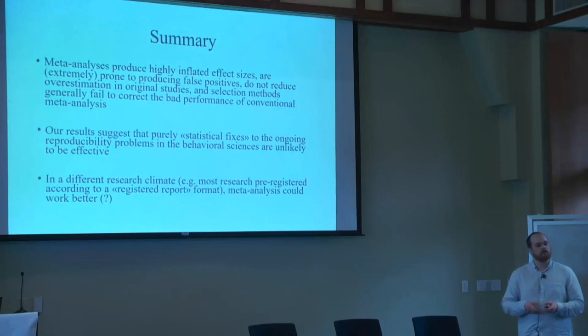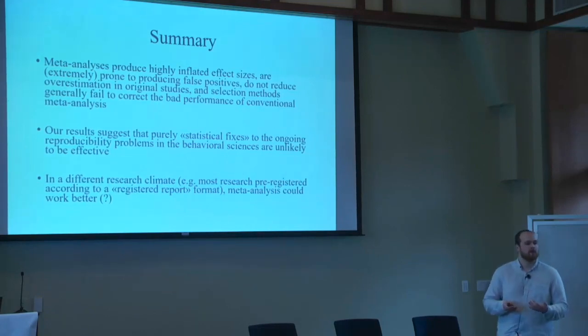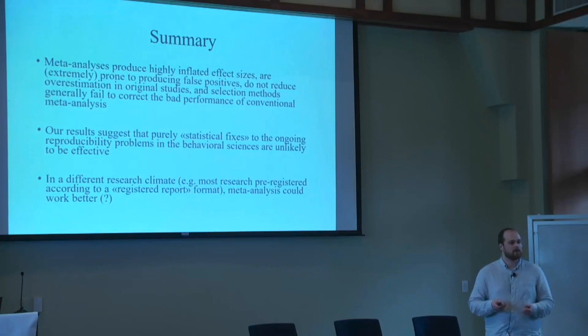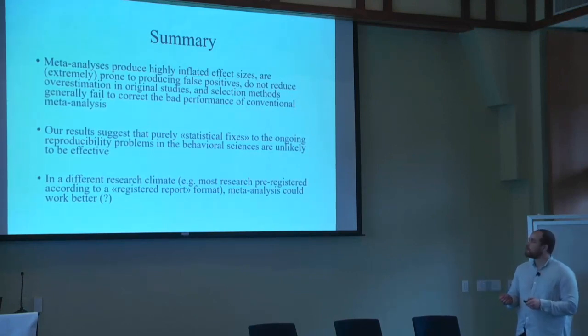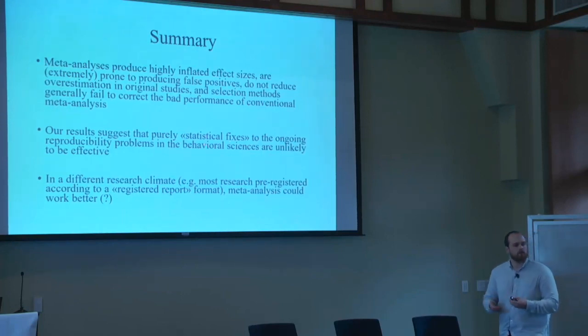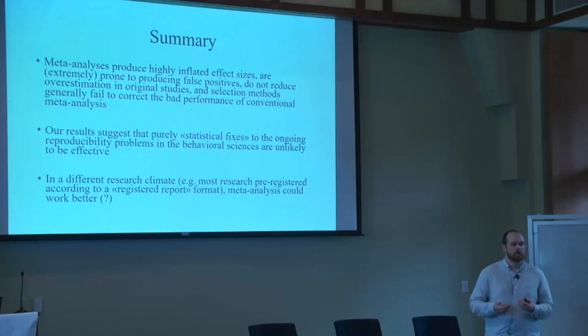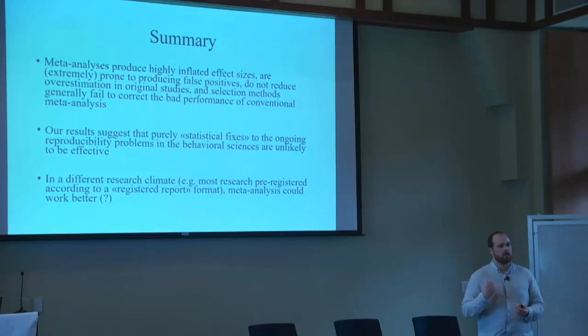And commonly used adjustment methods that aim to reduce the influence of publication bias typically do not improve substantively the unadjusted meta-analytic results. So I believe that this suggests that purely statistical fixes to the ongoing reproducibility, credibility problems that we have in the behavioral sciences are unlikely to succeed.